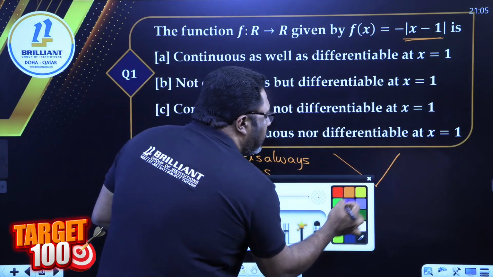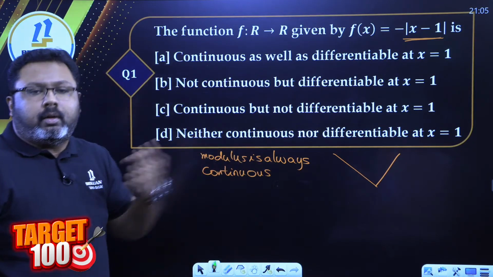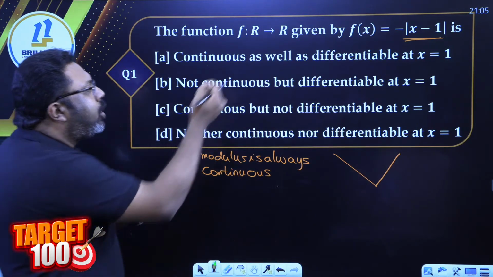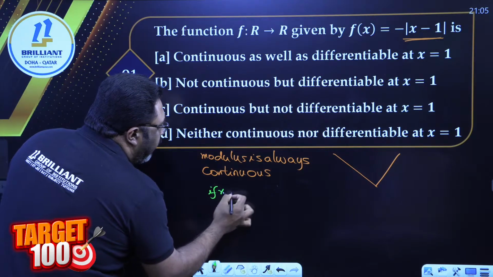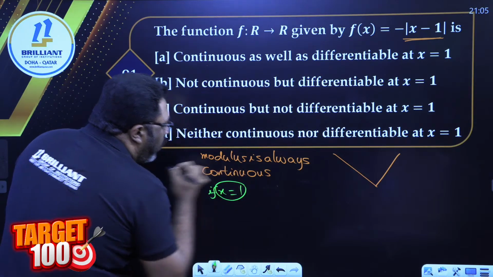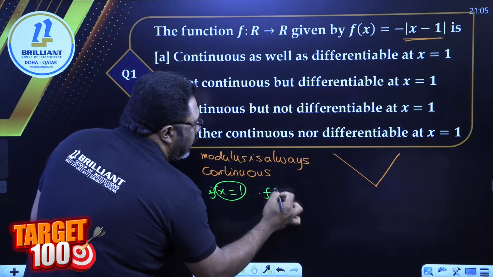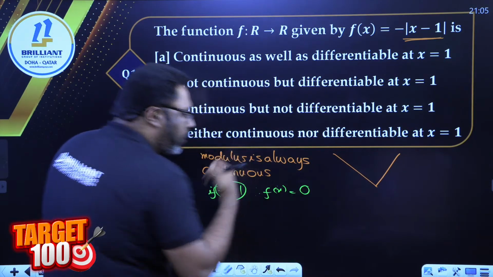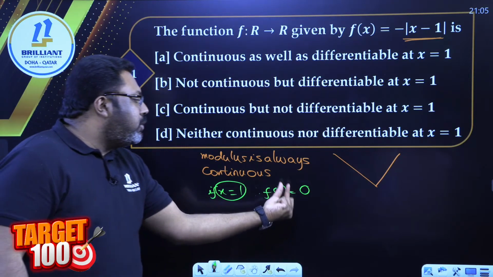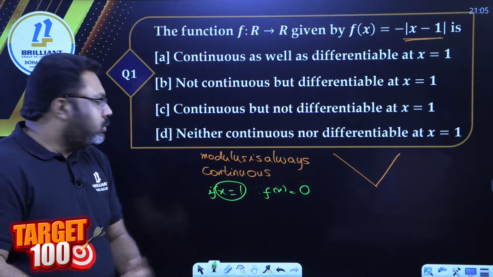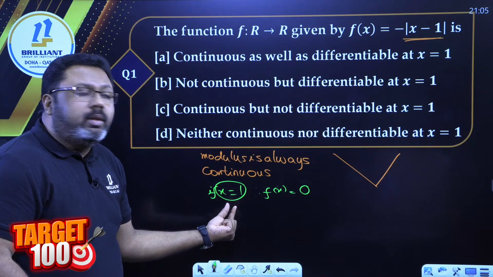Then what about the differentiability part of it? Just look at the modulus and tell me the value of x, equal to 1, what happens to the function? The function becomes 0. Just understand what is the value of x which makes the function 0. Easy, right? x is equal to 1.